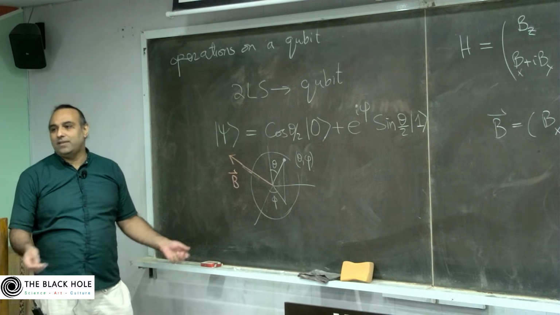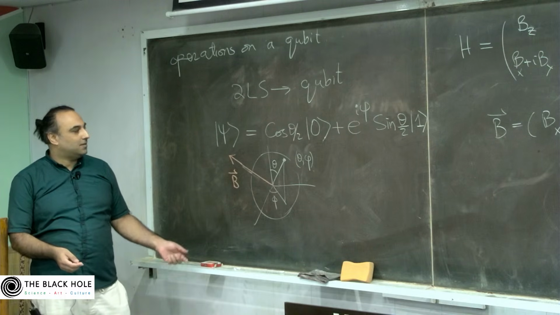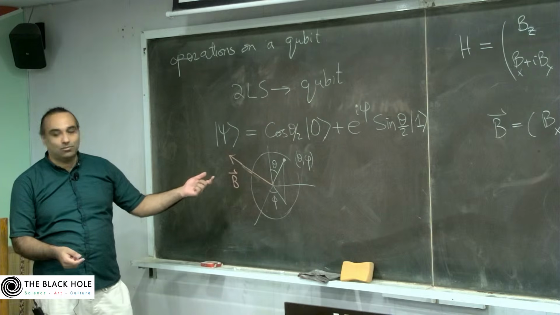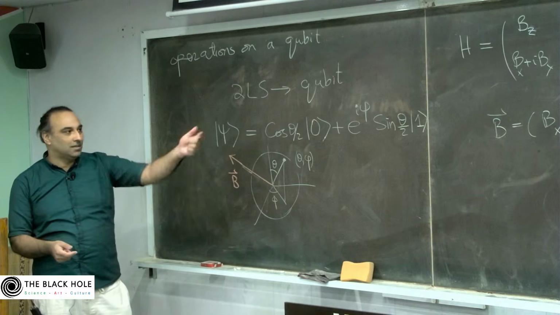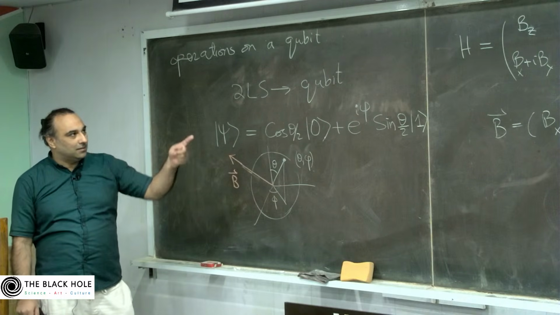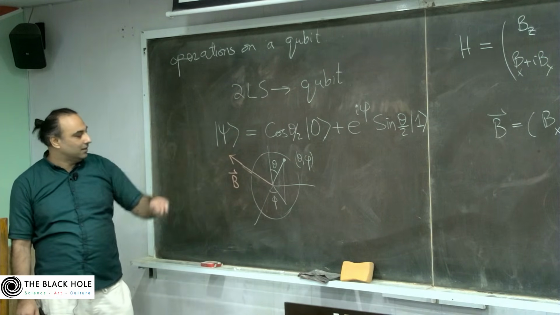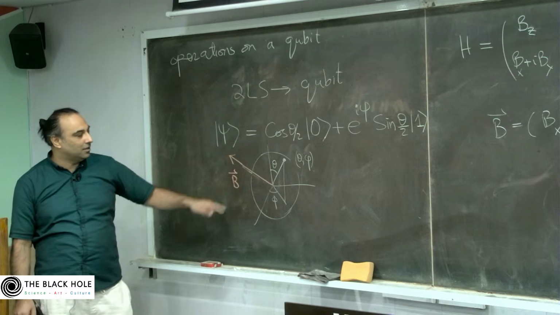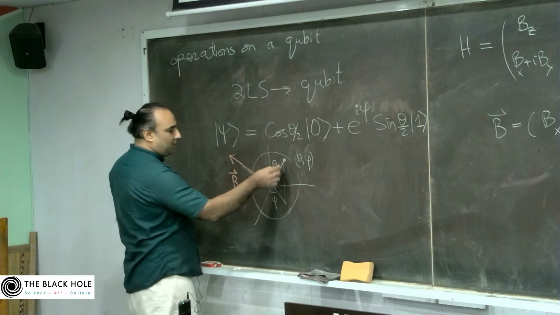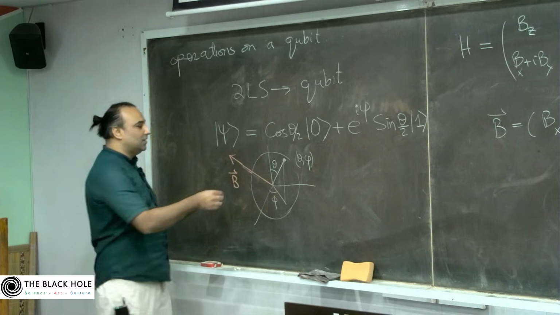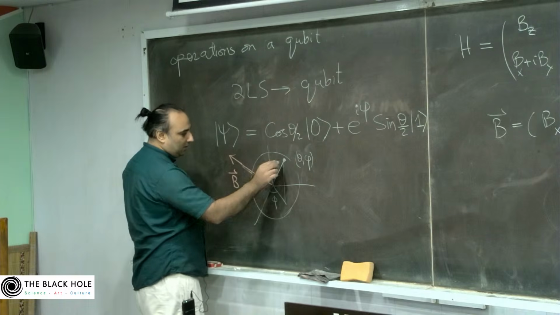It can be a magnetic field interacting with a spin half system, or any generic 2-level system, and those numbers could correspond to anything that makes the Hamiltonian like that. If we have this vector, then this state would revolve around it.